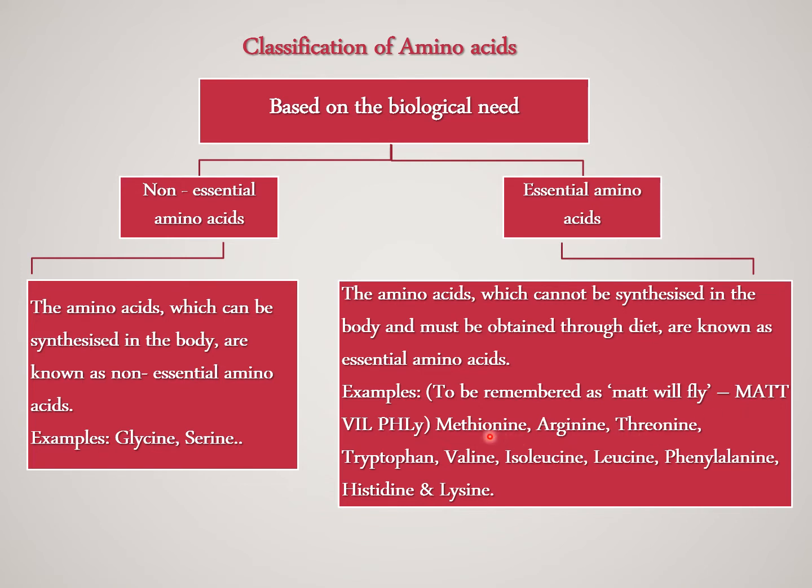So M stands for methionine, A stands for arginine, T stands for threonine, T stands for tryptophan, V valine, I isoleucine, L leucine, P phenylalanine, H histidine, Ly becomes lysine. So this is one of the ways to remember the examples for our essential amino acids. The rest of them are non-essential amino acids.